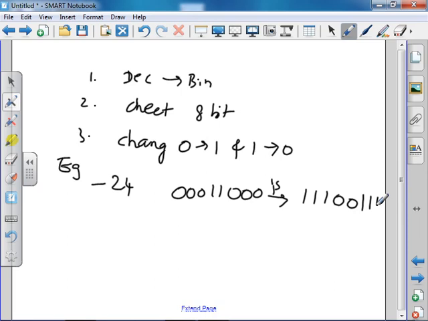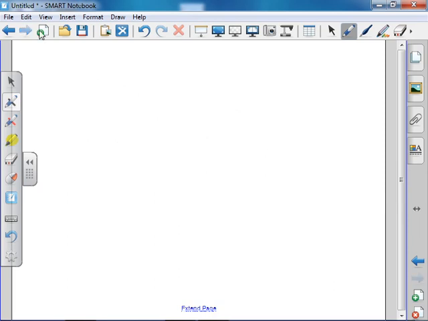Now the final one is 2's complement notation. The same rule will be followed, and the previous rules are also followed in 2's complement.